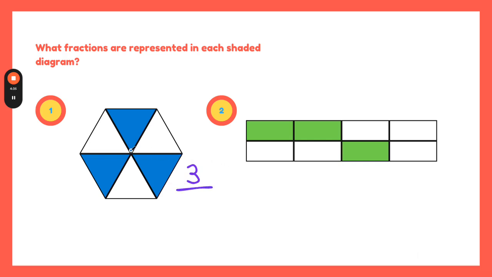And how many parts make up the whole together? There are 1, 2, 3, 4, 5, 6, which makes our denominator 6. So the fraction for this diagram is 3/6.